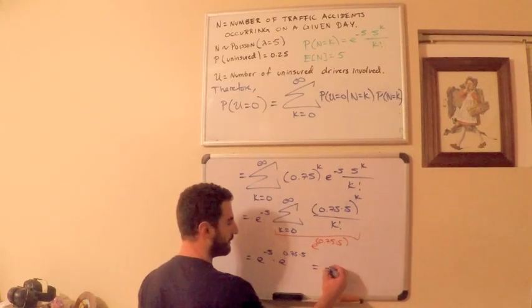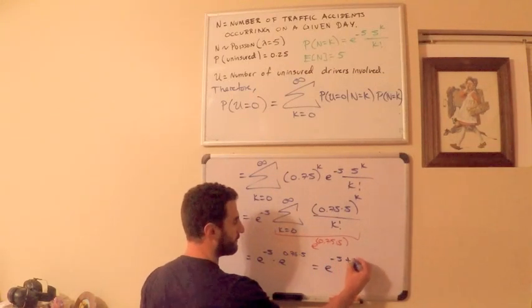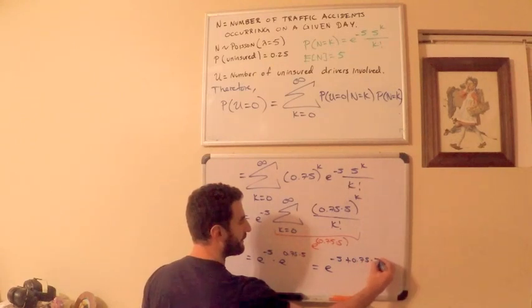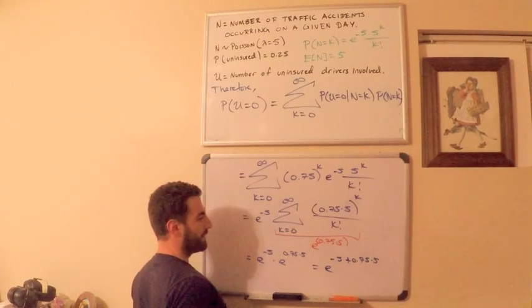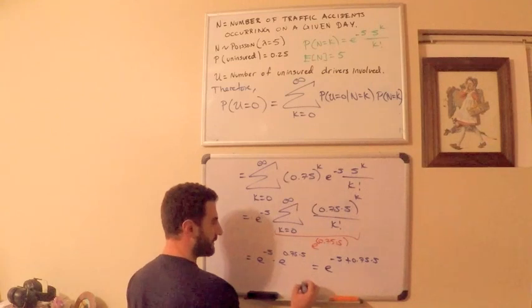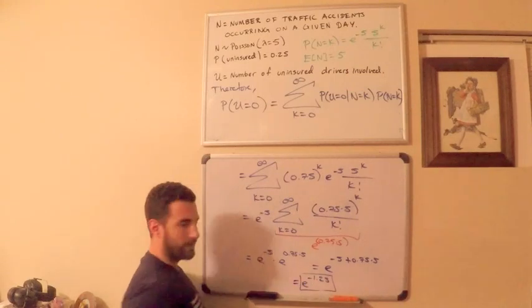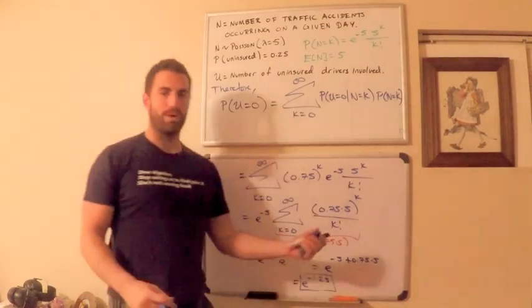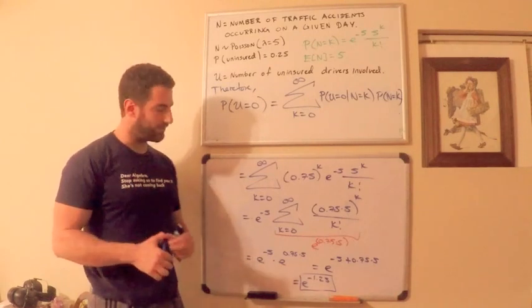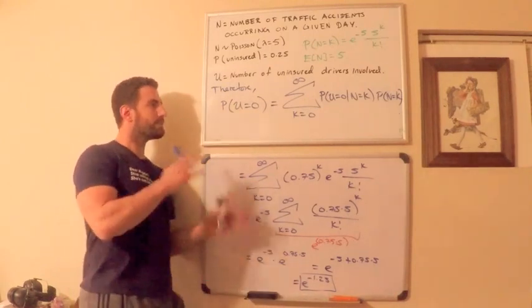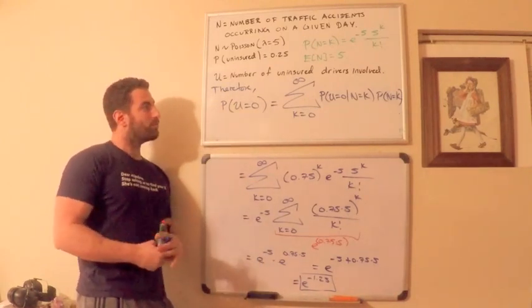So this is e to the negative 5 plus 0.75 times 5, which ends up being e to the negative 1.25. So that's my answer. Plug it into the calculator, it's about 0.286. So this is one way to go about it.